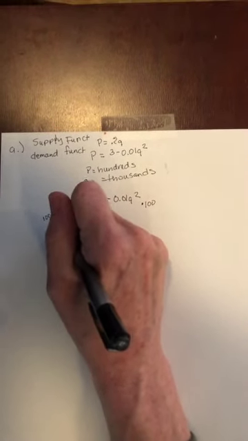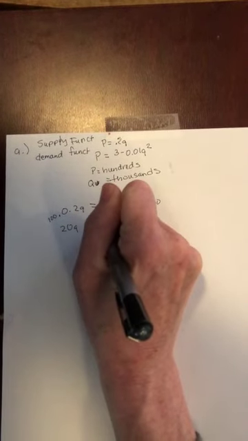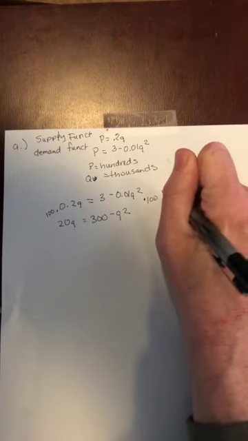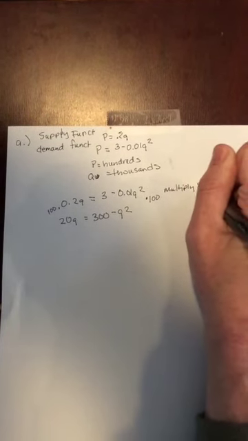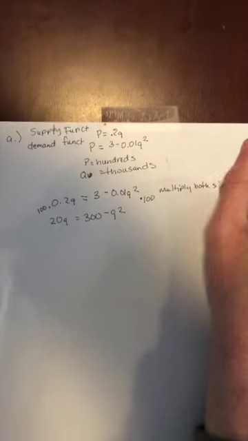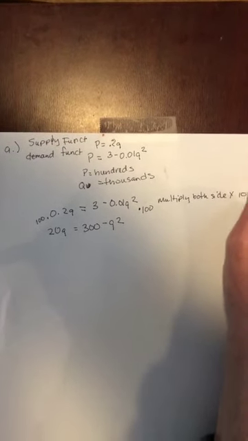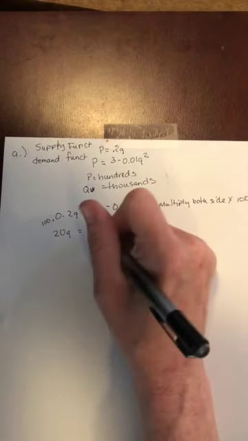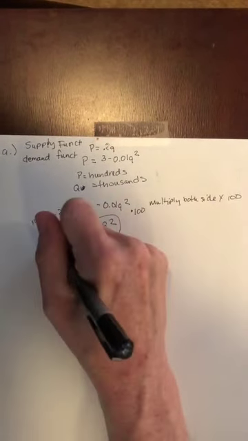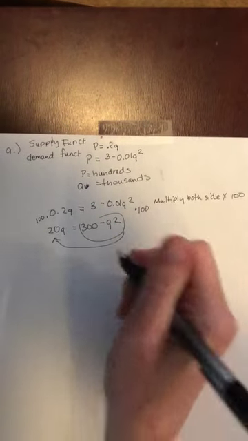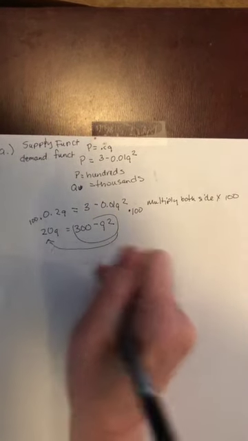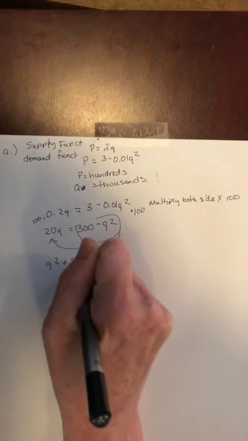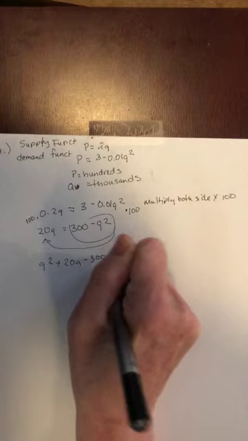So I get 20Q equals 300 minus Q squared. And then I'm going to move this to this side to make a quadratic equation. So then I get Q squared plus 20Q minus 300 equals 0.